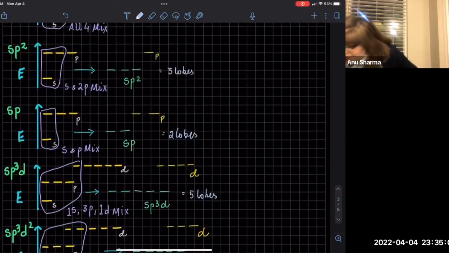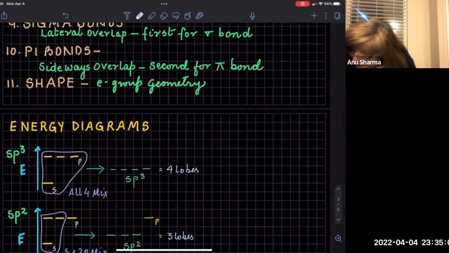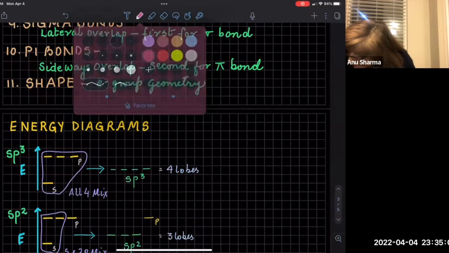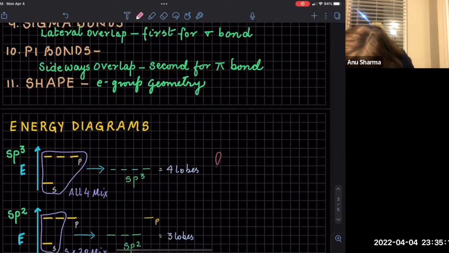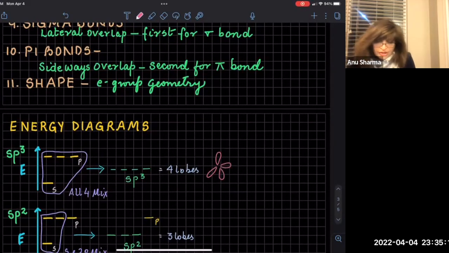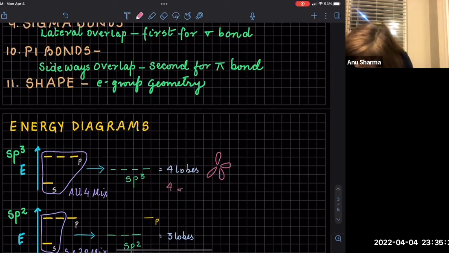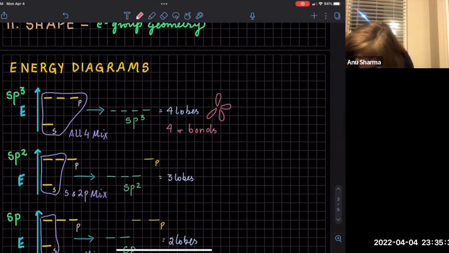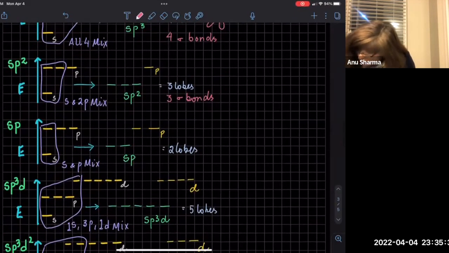Okay, so that's one piece. Next is, what do these lobes look like? Now here's another thing. Let's draw this. These lobes 1, 2, 3, and 4, like a tetrahedral shape. So these 4 lobes mean they're going to be 4 sigma bonds. 3 lobes means 3 sigma bonds will be formed. 2 lobes means 2 sigma bonds will be formed.